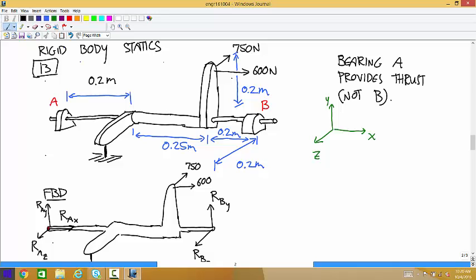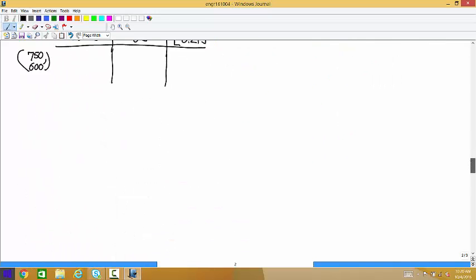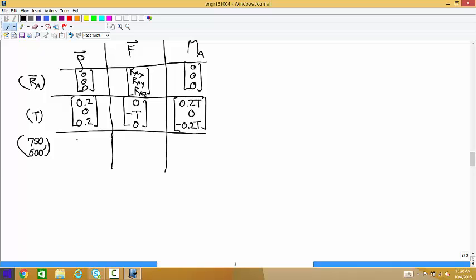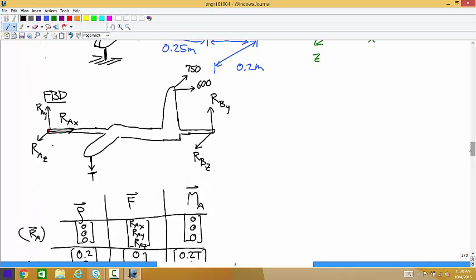Any questions about that? And the force vector, we have 600 in the positive x direction and 750 in the negative z direction.